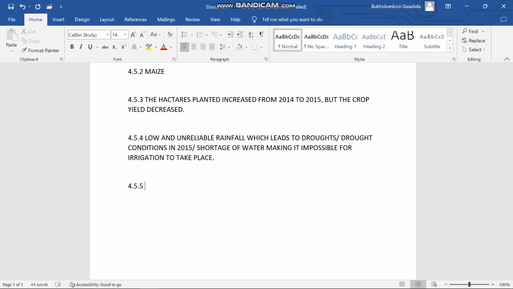We need better or improved fertilizers, so that we can improve our crop yield. Use genetically modified seeds and crops, so that we can produce a high number of crops and big crops. Also encourage the farmers to practice commercial farming instead of subsistence farming. There are so many, guys.